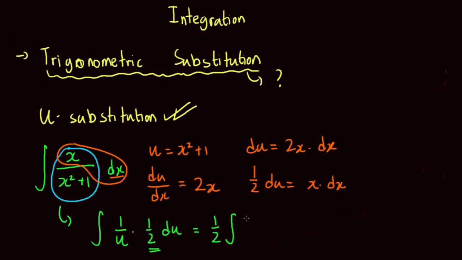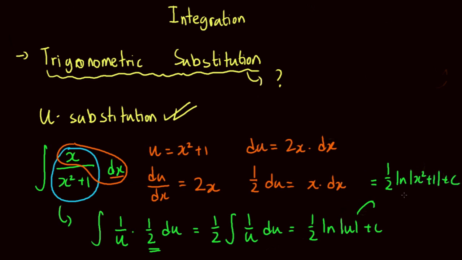So half times 1 over u du, which is half ln modulus u plus c. And don't forget, it's half ln modulus x squared plus 1 plus the constant of integration. So that's what we did previously.